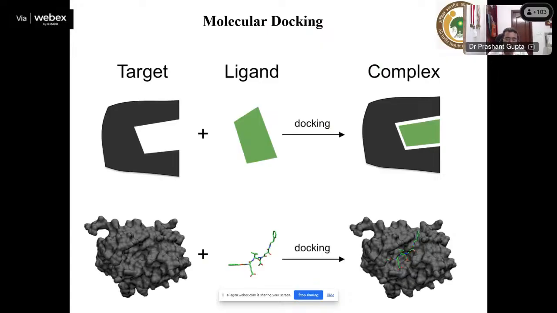Maybe if we have good consumers, one day software developers can give us such software also. As of now, we have this protein, we have X compound, and we dock. In this case, this is the phytoconstituent, this is the protein structure, and we are docking it.